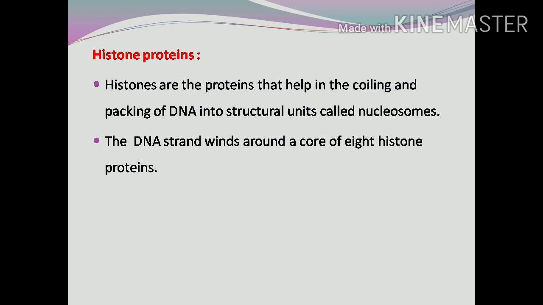Each such complex is called a nucleosome. An individual nucleosome can be imagined like a football around which a long rope is wound with 1 or 2 loops. So, these are the histone proteins. They help in the coiling and packing of DNA. That part is called a nucleosome.